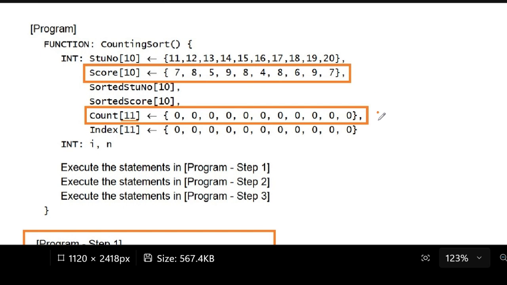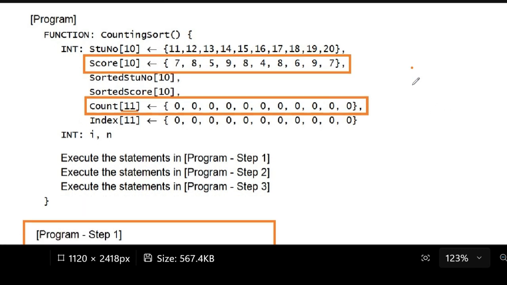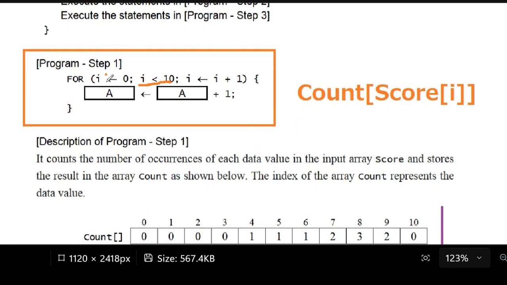Also, the count is another container of containers whose initial values would be set to 0. And once we find, for example, 7 here, then we add a 1 to the container for 7. If we see another 7, then the value increases by 1. We know that it increases by 1 because if we look at the for loop for step 1, there's a plus 1 here.